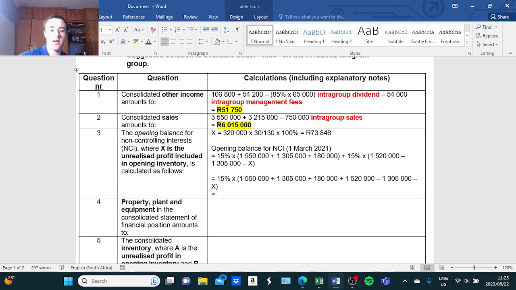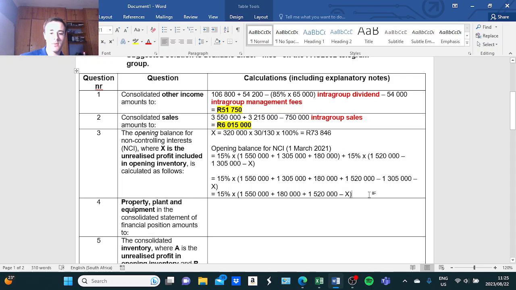So in other words, to calculate the opening balance for NCI, you will take 1,550,000 plus 180 plus 1,520 minus the unrealized profit in opening inventory, which has been calculated as 73,846.